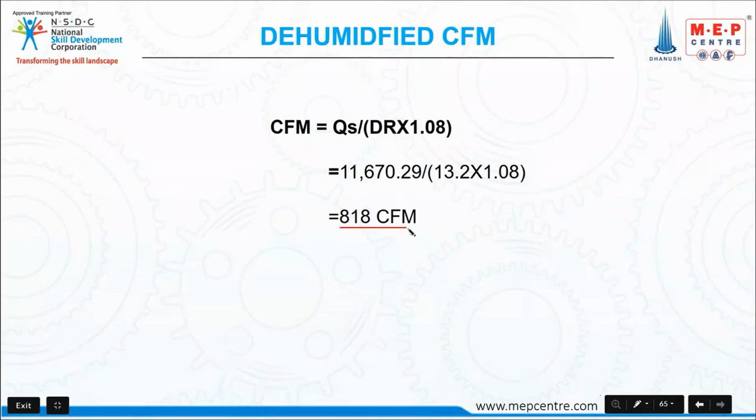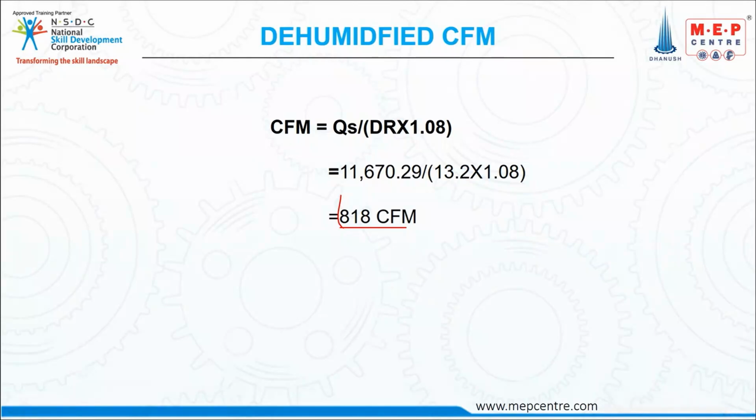That means if you supply 818 CFM to the master bedroom, if the apparatus dew point temperature is 53 degrees Fahrenheit, then you need to supply 818 CFM. If you change the apparatus dew point temperature, this value changes again. So this is how we need to calculate the TR and CFM.